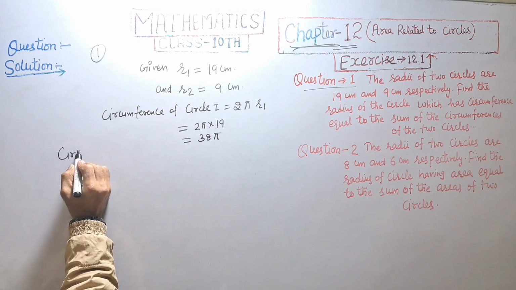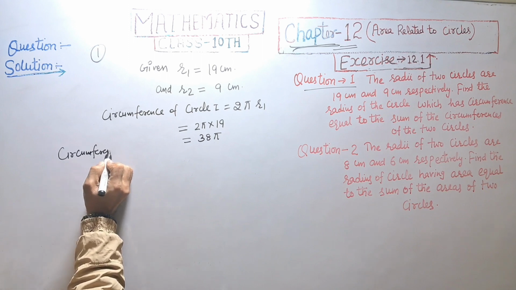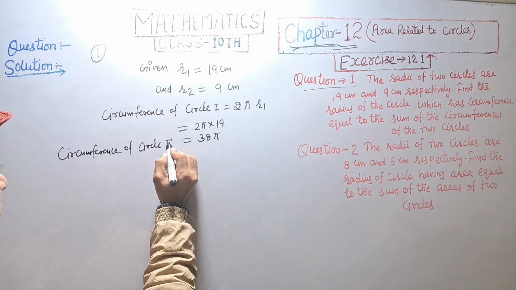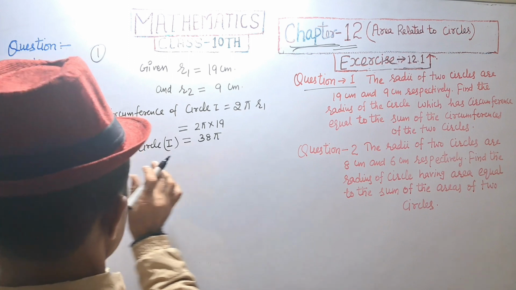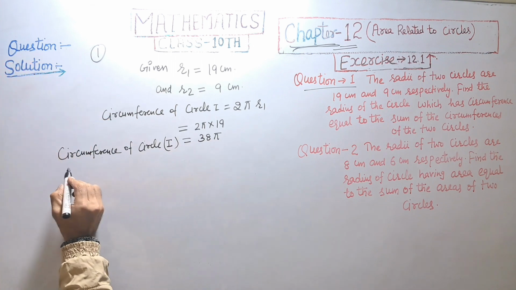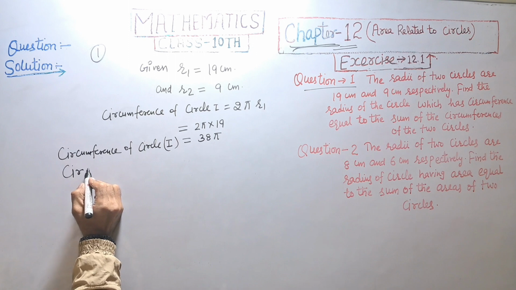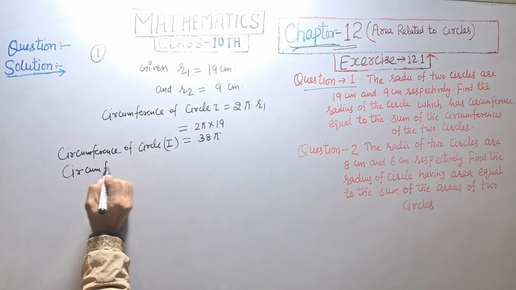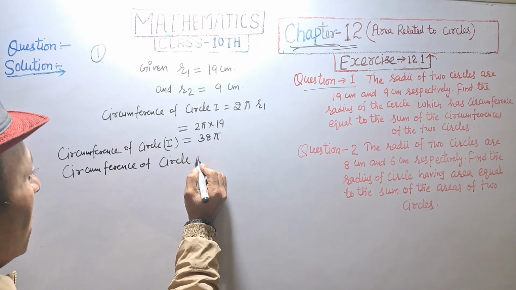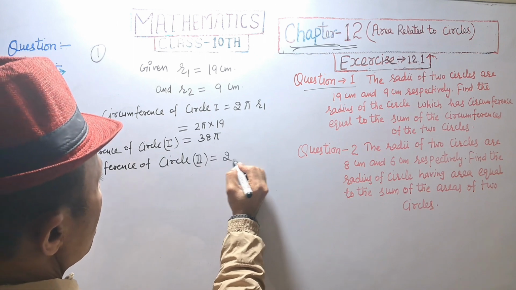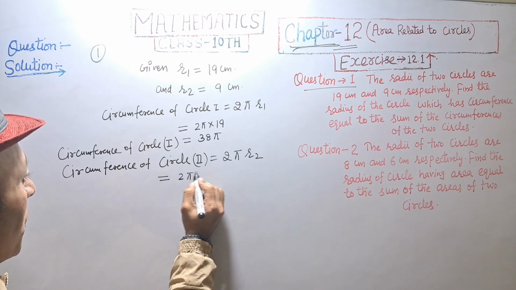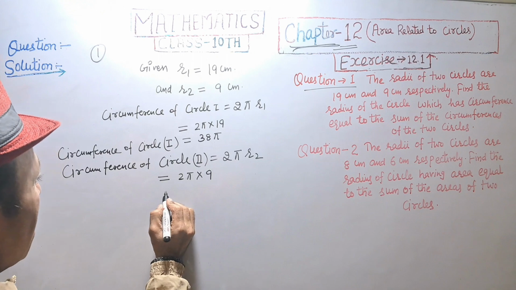Circumference of first circle is equal to 38 pi, and circumference of circle 2 is equal to 2 pi R2, that is equal to 2 into pi into 9.